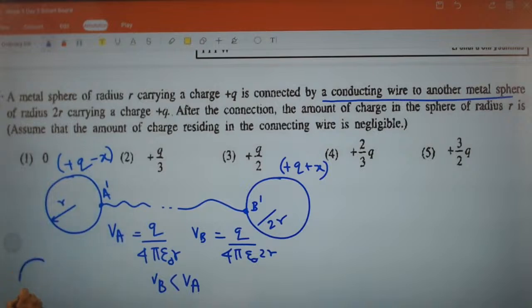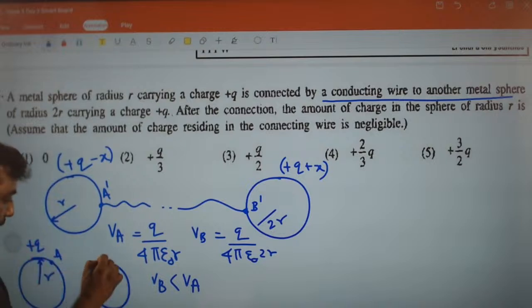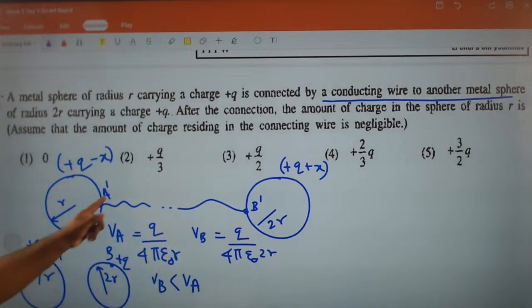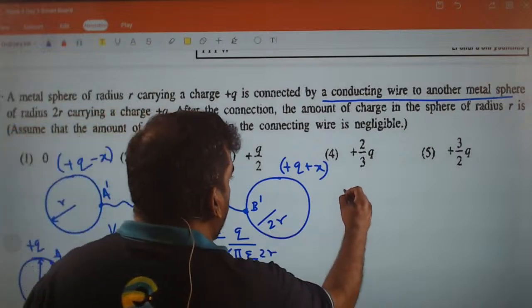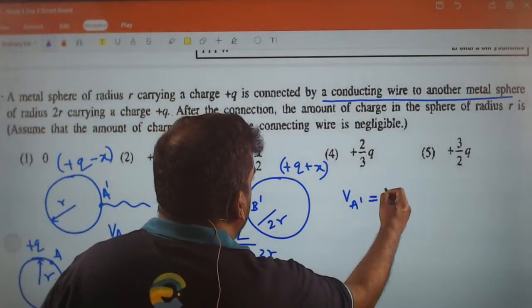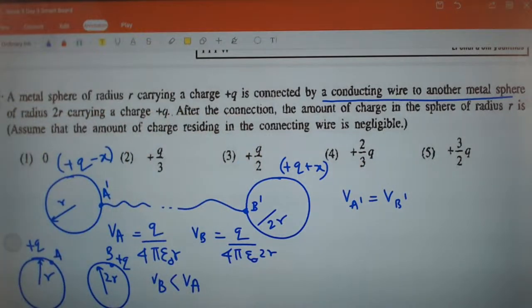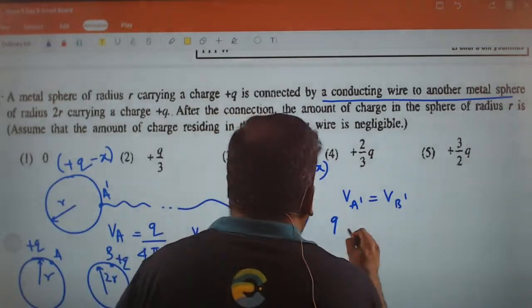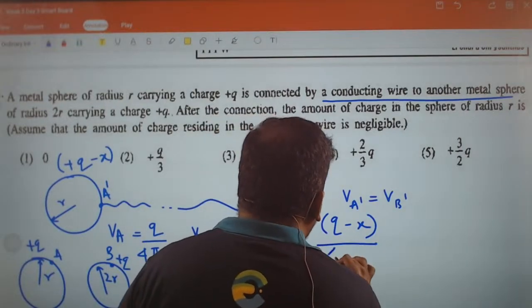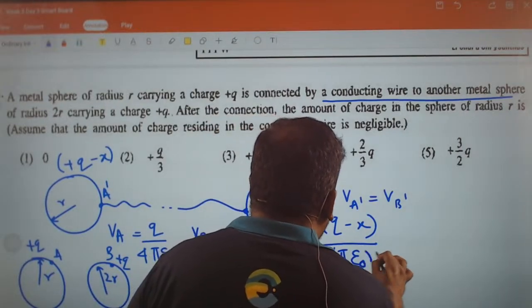If you take the spheres separately, A and B, you can find the potential. Now once you connect, charges will travel until the potentials are equal. So here you can say Q minus X divided by 4 pi epsilon naught r.